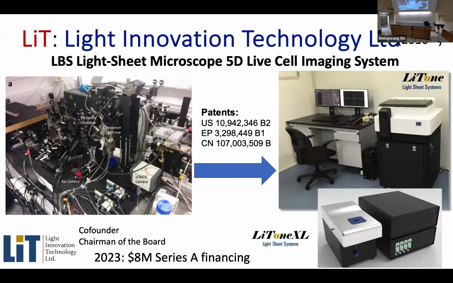When you go to product, a lot of engineering is involved. Last year we got 8 million in Series A financing, and we founded a company in the US to commercialize the product. The company is run by my students.